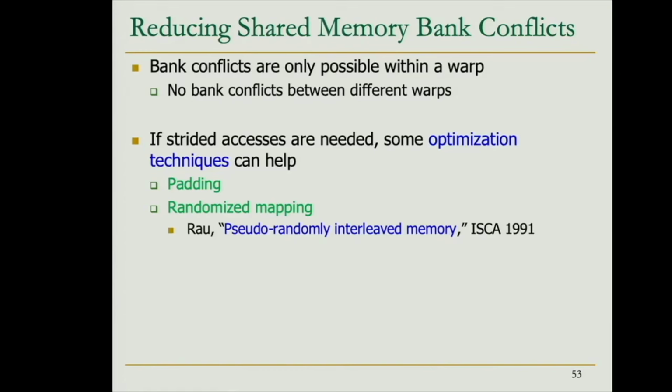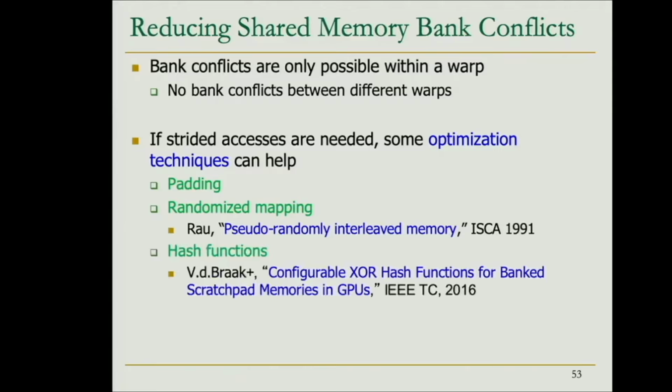Instead of a linear mapping like address modulo 32, we can have more complex addressing, and if this addressing is handled by the hardware, the overhead is negligible, and you can get a lot of performance improvement. This is something like that, but specifically applied to GPUs.